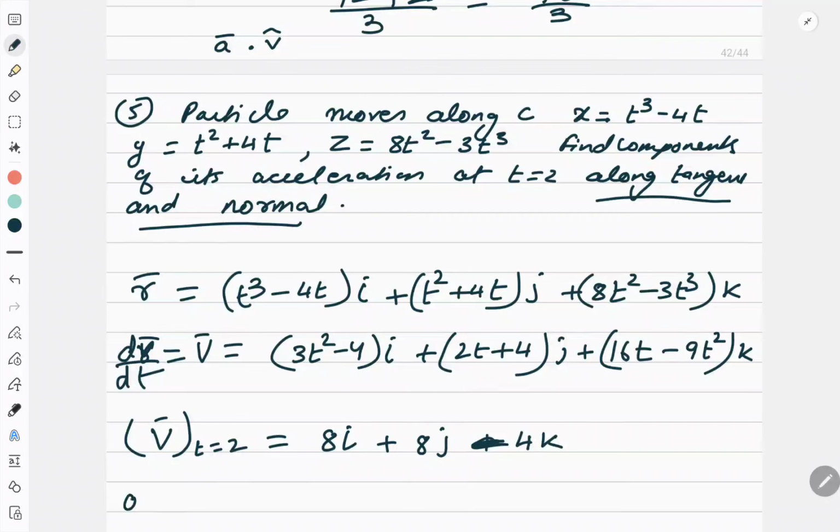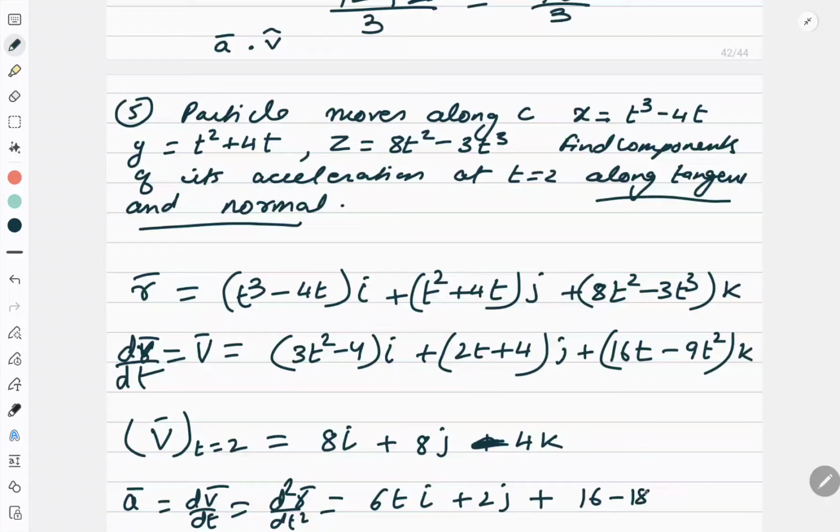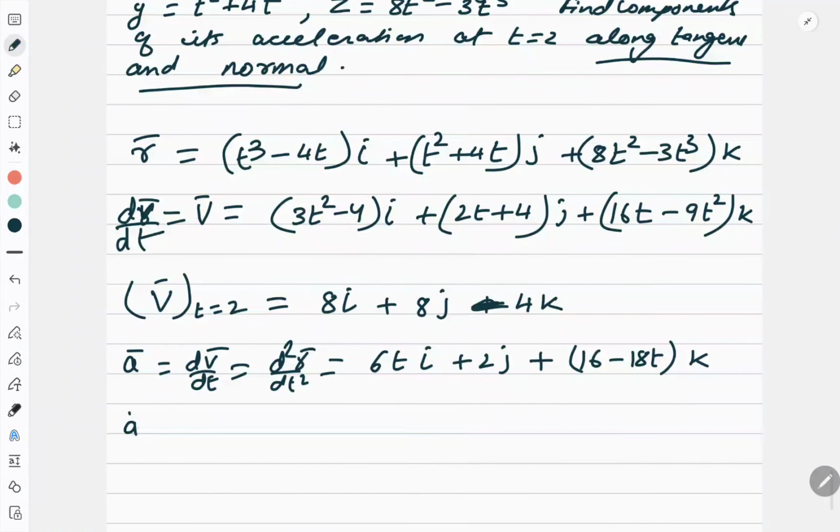Right? Now acceleration is dv by dt or d2r by dt square. So 6t i plus 2j plus (16 minus 18t)k. Now this also I need at t is equal to 2.